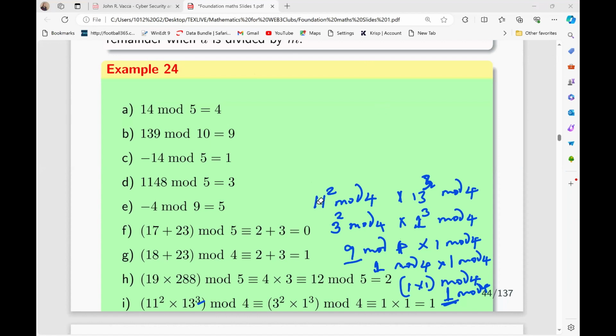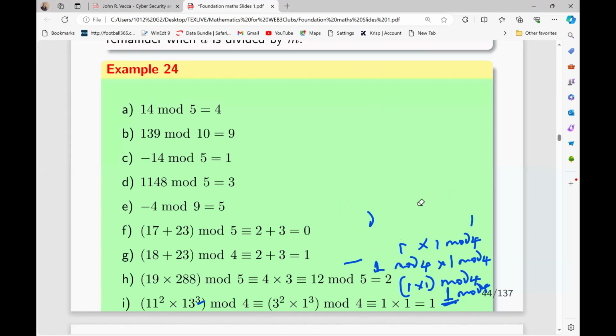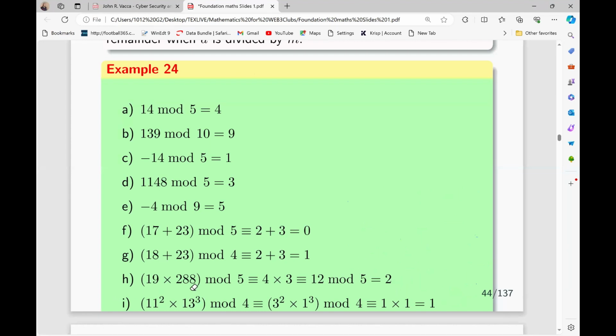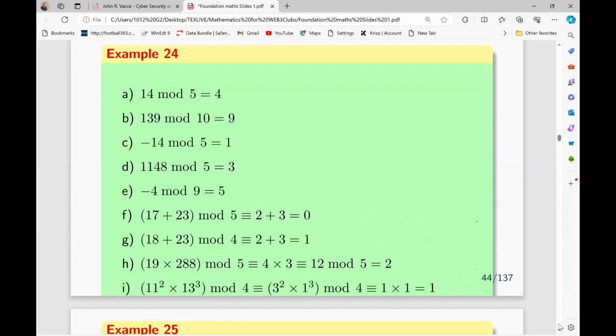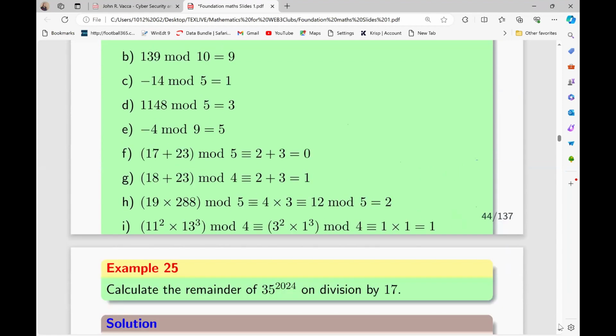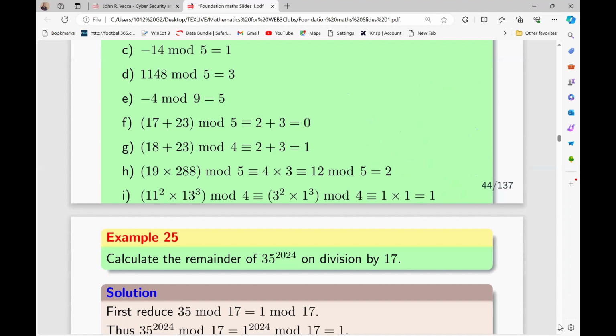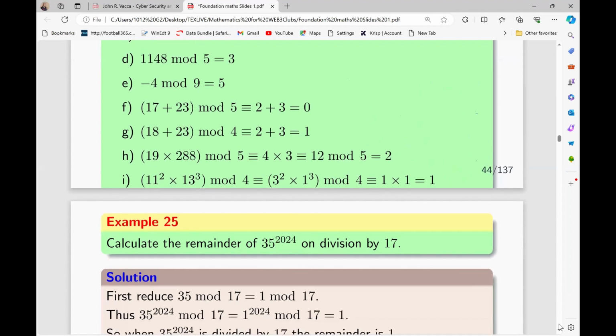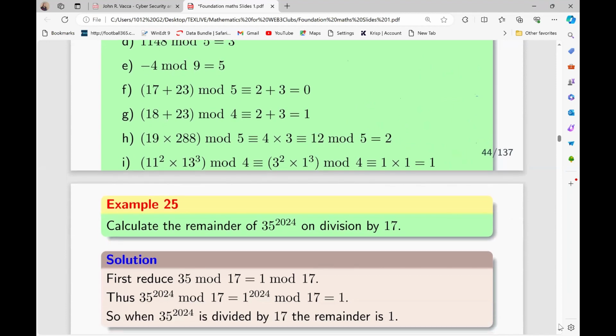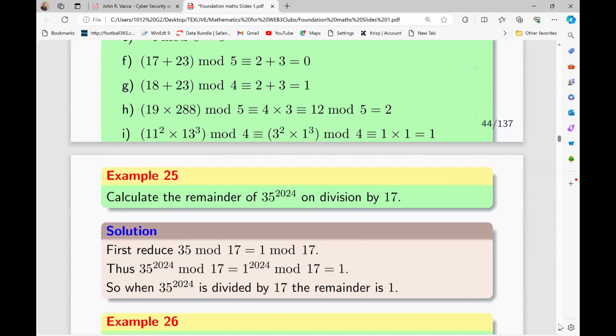Now, let's look at another example, unless somebody has a question. We've been talking about remainders, and it's the same thing I want us to continue looking at.